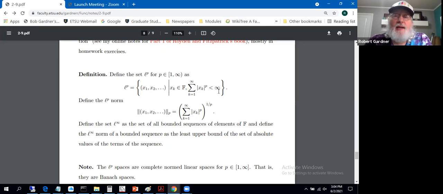You want to define a norm? Well, we'll take that sum from 1 to infinity of the absolute value of x sub k to the p power, and take a pth root of it. That's the same kind of thing we did in the big LP spaces, except we had integrals instead of sums. Yeah, integrals and sums are somehow intimately related.